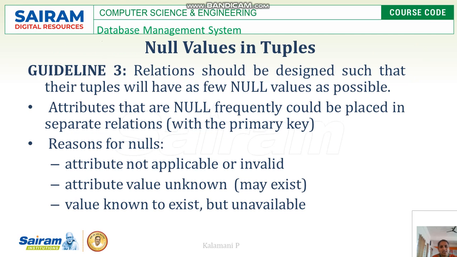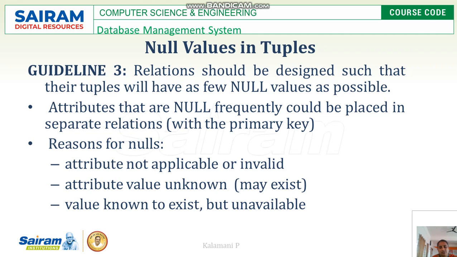Then next is null values in tuples. Relations should be designed such that tuples will have as few null values as possible. If attributes are null frequently, they should be placed separately in a separate relation. Otherwise it will take more space and cause many problems when you are doing operations. We represent an attribute value as null when the attribute is not applicable, not valid, or the value is unknown.